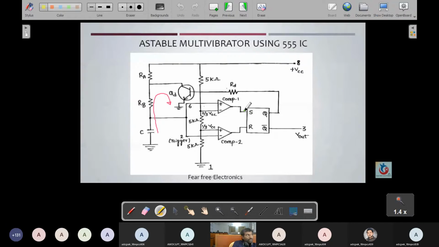Whenever set is given high, your output Q will be high. Q is connected through a transistor with resistor RD, and the transistor is activated. Once it reaches short circuit, the capacitor will start to discharge.